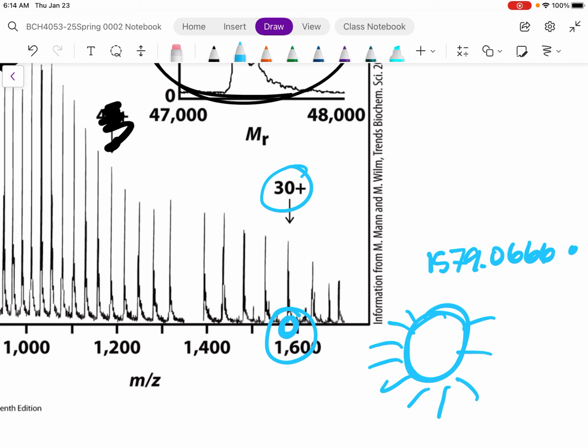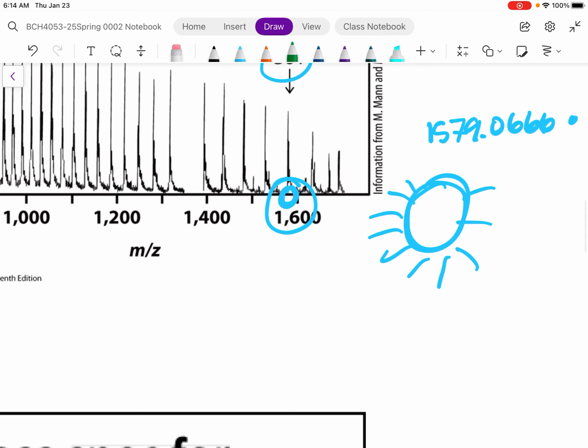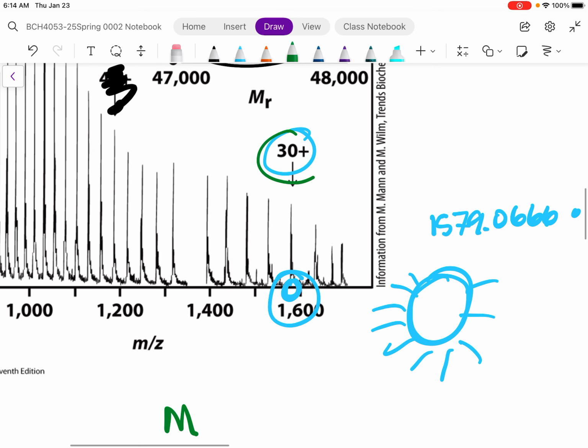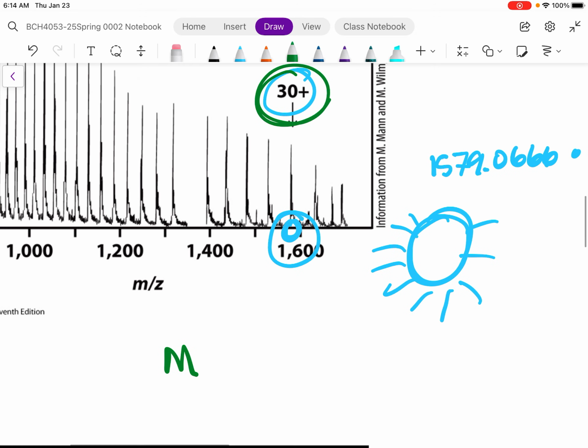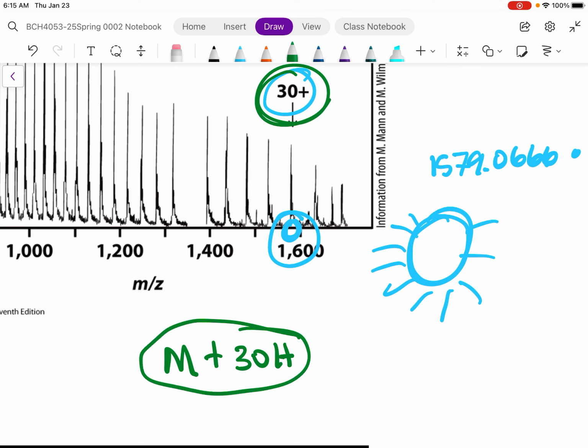So what we have to do here is think about it this way: we have the mass of the protein that I don't know yet. But I do know, based off of this example, that the charge state is 30, and that charge state is caused because we added 30 hydrogens. And so that is the total mass of that protonated protein.